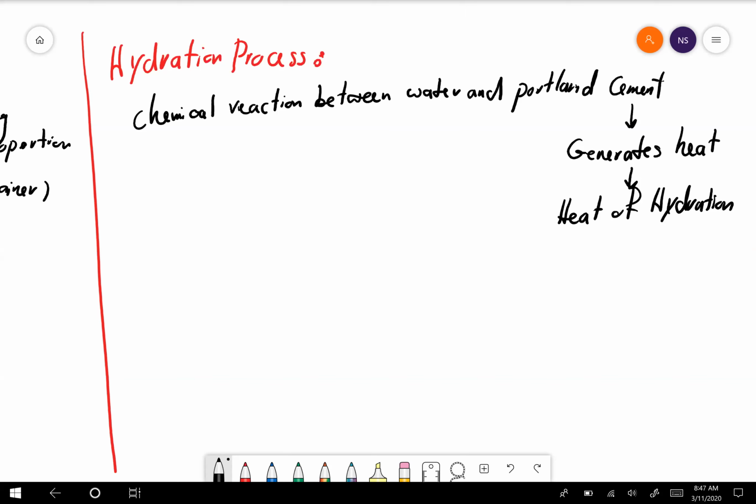Now, why is this important for us? Because the strength of the concrete is dependent on the hydration.